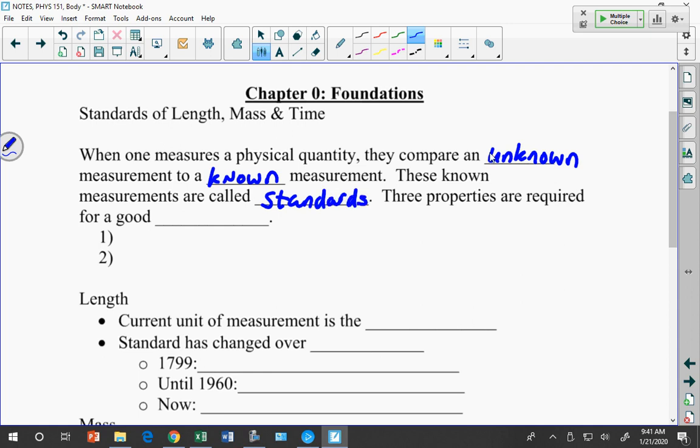And there are three properties that are required for a good standard. They need to be accurate. They need to be unchanging. And third, sorry the three got cut off, it needs to be accessible.